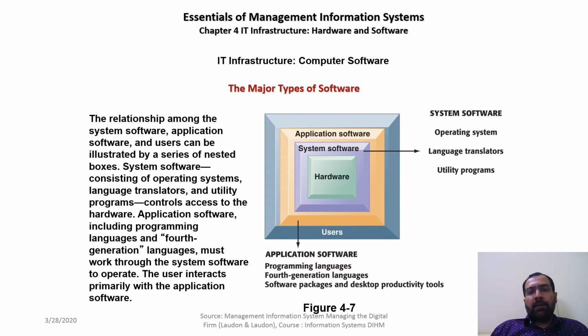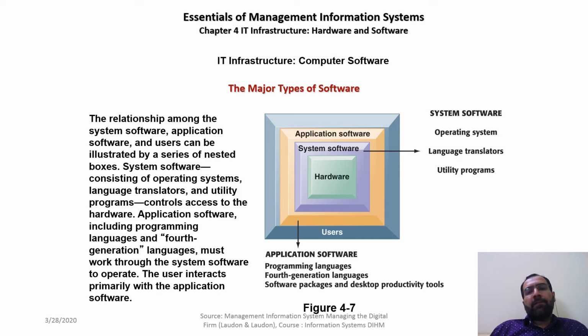Similarly, we have the Apple machines, which use the Mac platform. So application software. We have various kinds of application software, which include software packages, the general purpose application software or specific purpose application software as well.